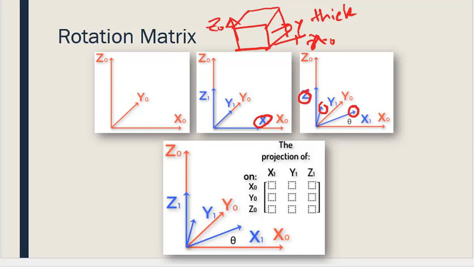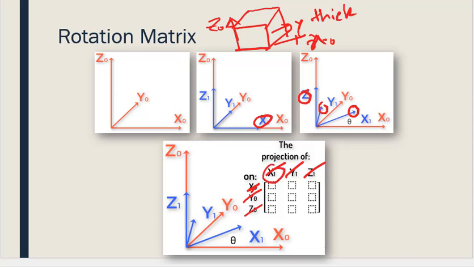Always remember this relation for the projection. x naught means the initial point x y z, and the next x1, y1 and z1. We are indicating the previous with respect to x0, y0, and z0.